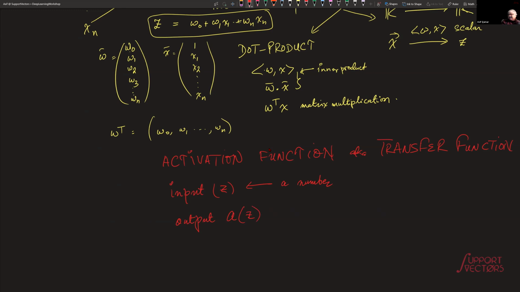This is the activation of Z, and that is also just a number. So the first thing you notice is that this activation function is a univariate function, therefore. Is that evident, folks? So we conclude that the activation function is a univariate function.